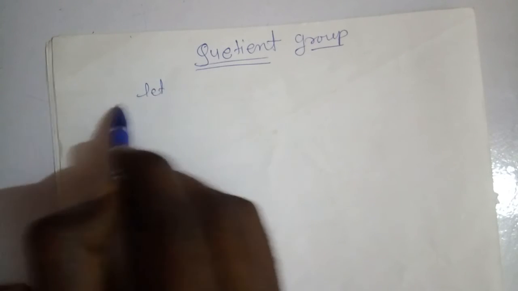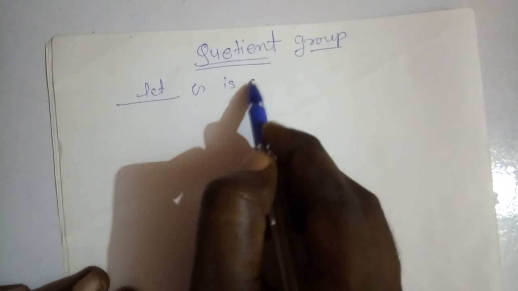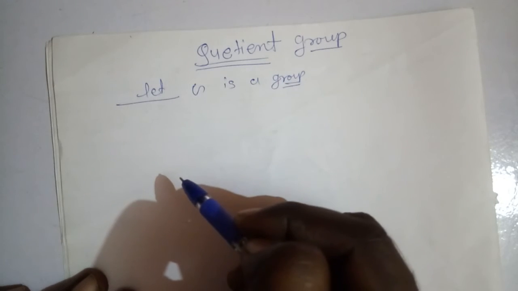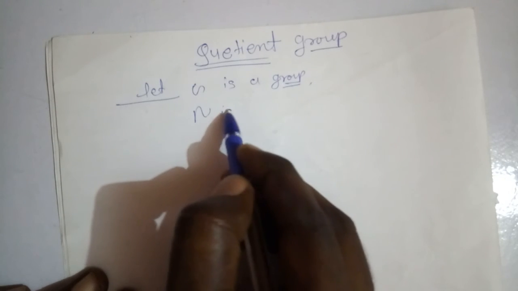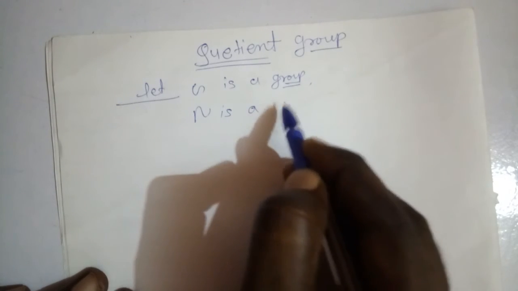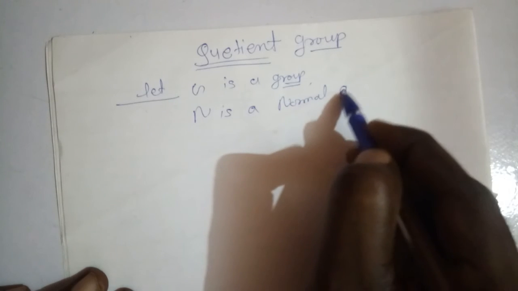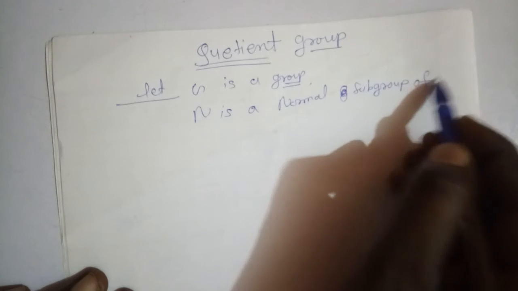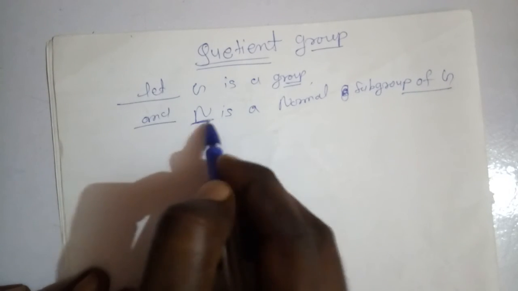Let G is a group, G is a group, and N is a normal subgroup of G.